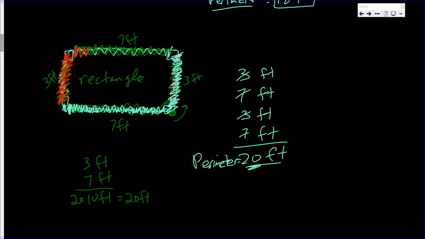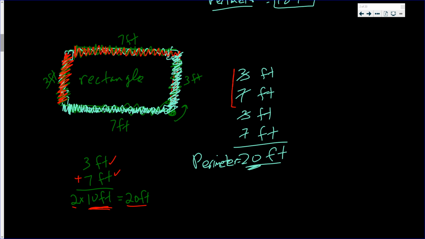So if I just find the distance in red or the distance in blue, I can double it. The distance in blue is 10 feet. I doubled it. For the record, the distance in red is the same. 3 feet plus 7 feet is 10 feet. And then I double it.